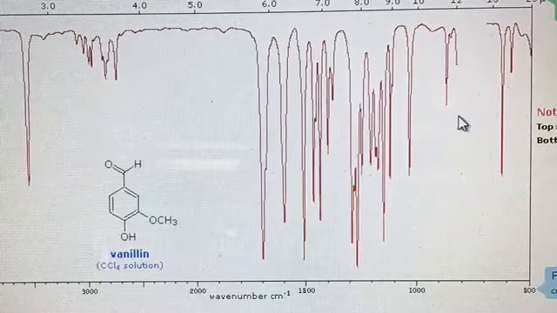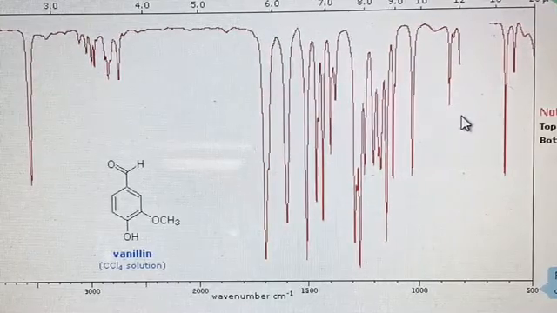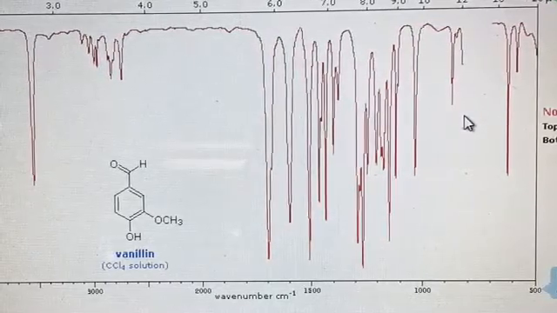So these instruments are used all the time in drug identification.